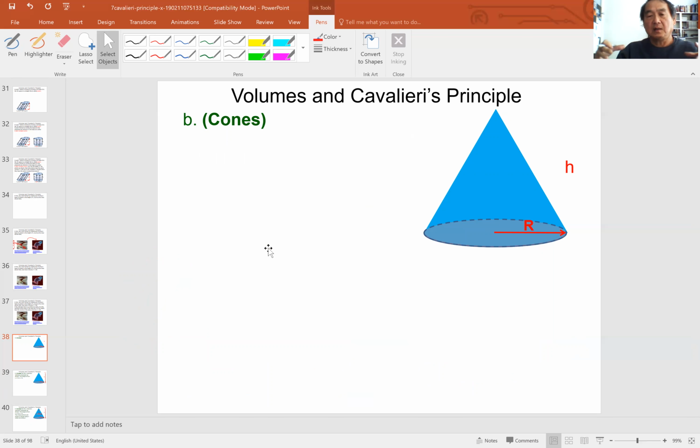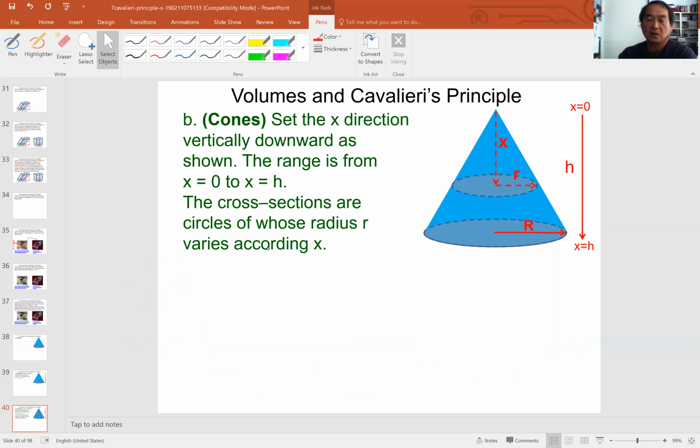A cone is where you take the base shape and shrink it to zero. Instead of just moving it straight up, you move it straight up and at the same time shrink it to a point. Then I can do an easy calculation. Suppose I put the x-axis pointing downward, measuring from the top down, where the top is zero going down, like a plumb.